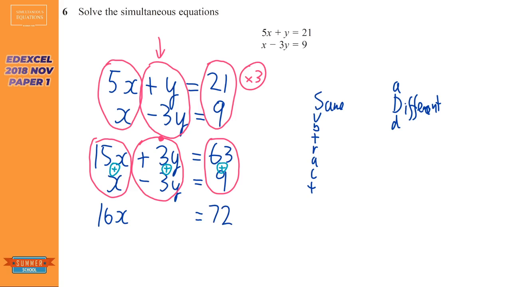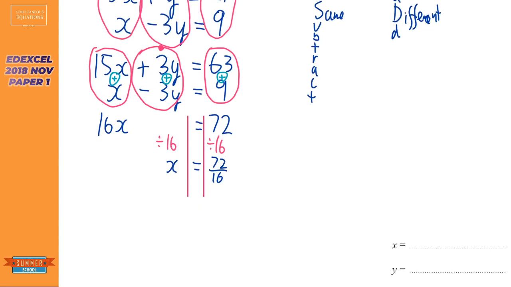Get our lines in. And we had, divide 16 both sides. Now what we can do is just write this as a fraction, so it's 72 over 16, then simplify the fraction.